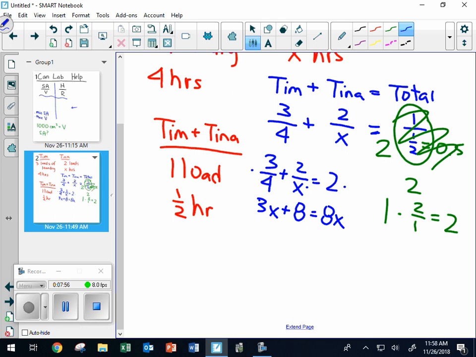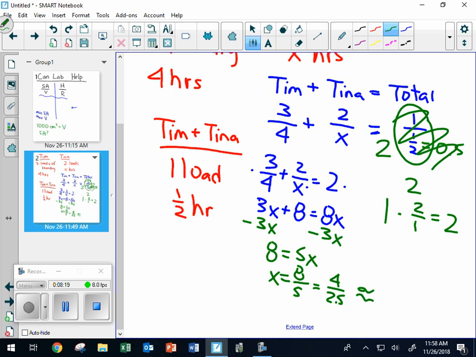So if we look at this here, and we want to combine like terms, we would just have to subtract 3x from both sides. So we would end up with 8 is equal to 5x, or x is equal to 8 over 5. Some people might have gotten something like 4 over 2.5, but basically this is approximately 1 hour and 36-ish minutes, I believe.